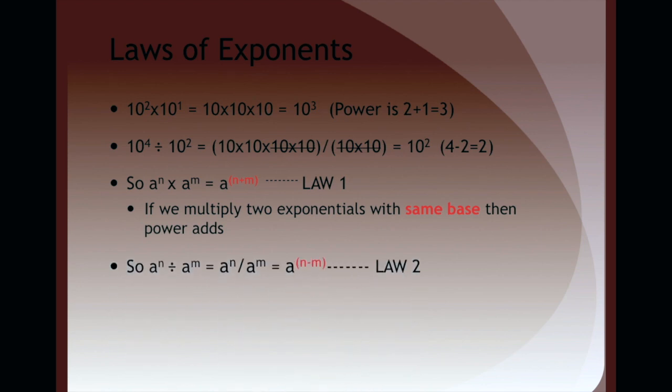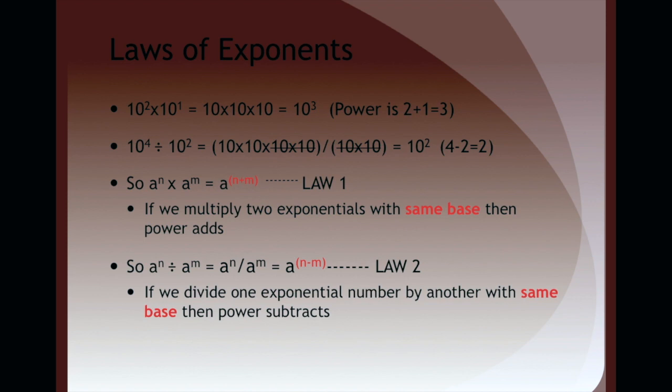Now law 2 says that if we divide two exponential numbers, a raised to power n divided by a raised to power m, then the power is being subtracted and the answer will be a raised to power n minus m. Again please note it should be with the same base.